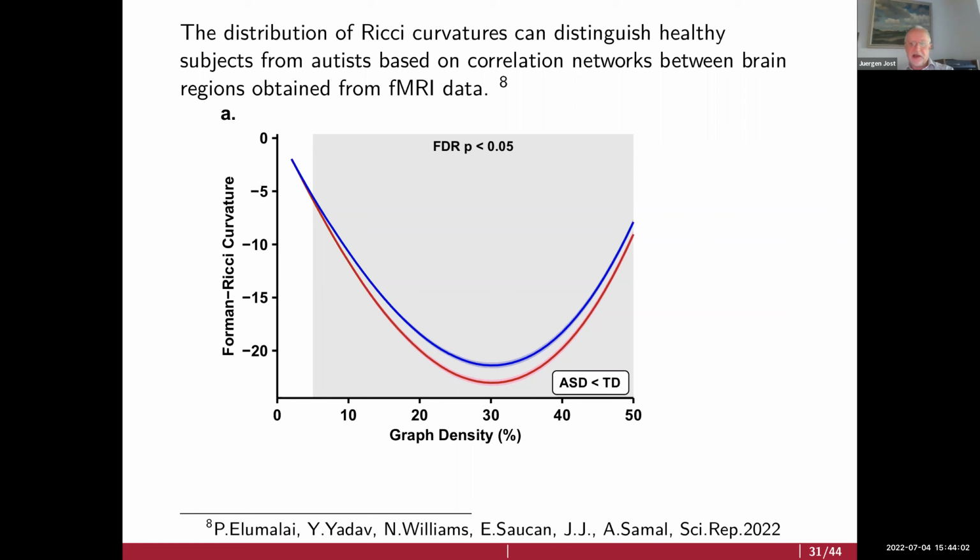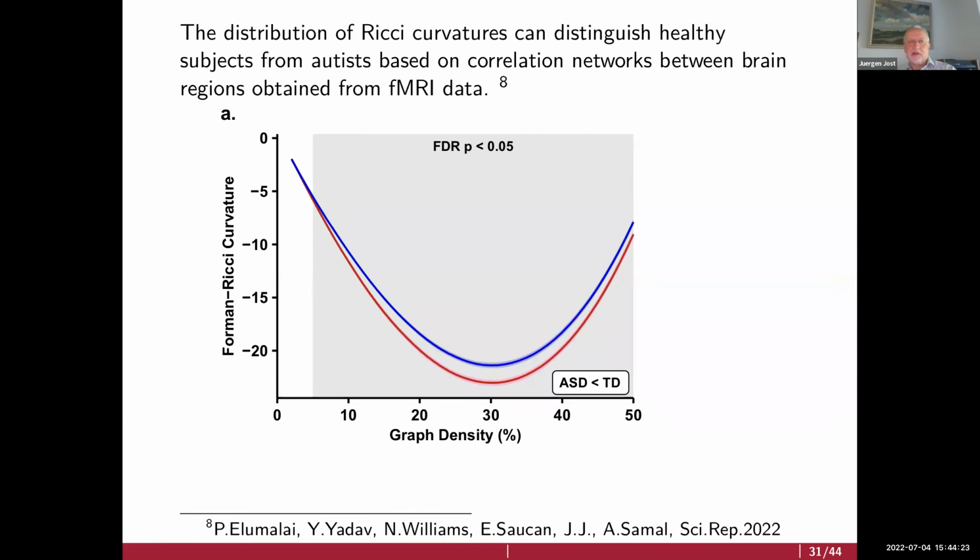So here's another stylized picture from a collaboration with Arijit Samal and his group in Chennai in India. And there we compared the distribution of Ricci curvatures between healthy subjects and other people suffering from autism.